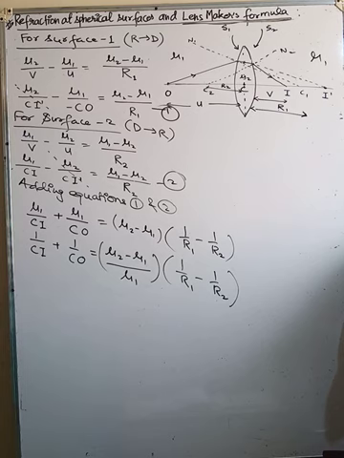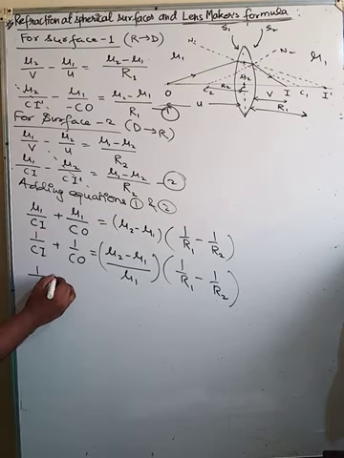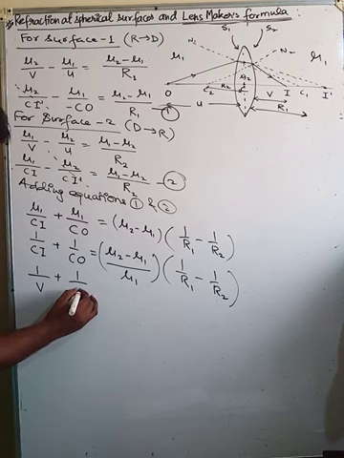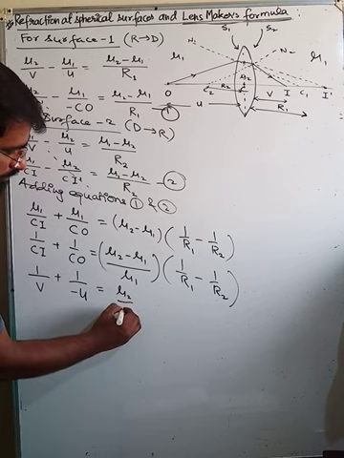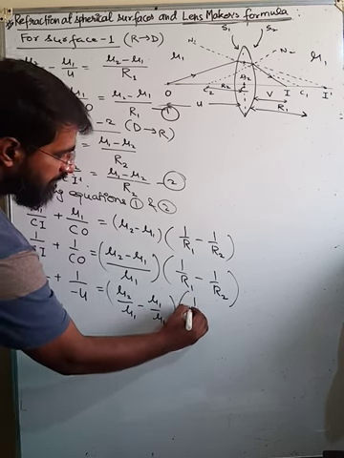Observe this. What is CI? See the diagram. That is V, and it is positive. So write 1 upon V plus 1 upon CO. What is CO? That is the object, and it is kept on the left side, so write minus U. Here you write mu2 by mu1, dividing by mu1.